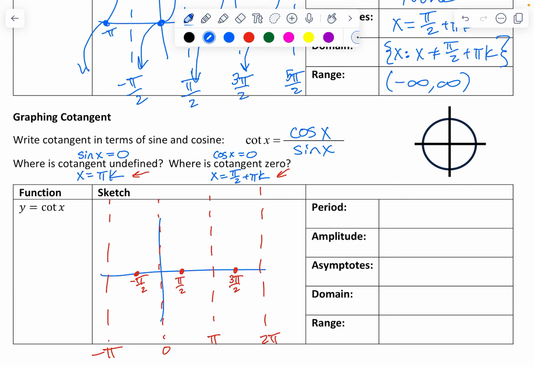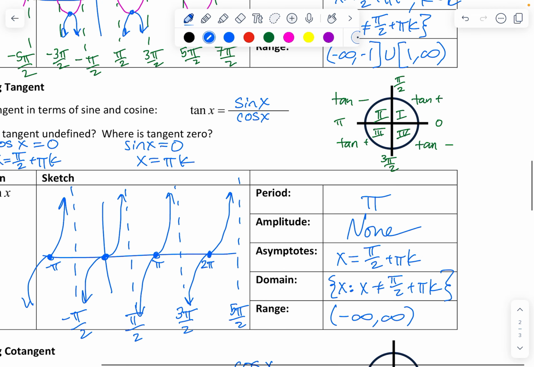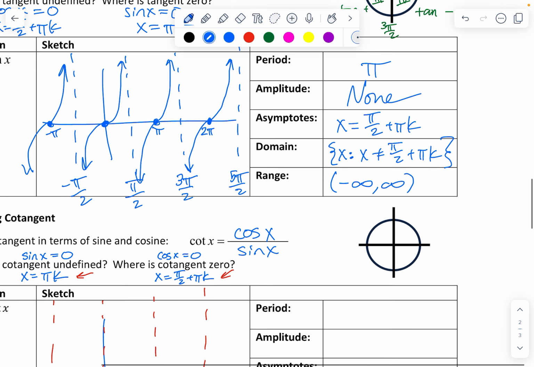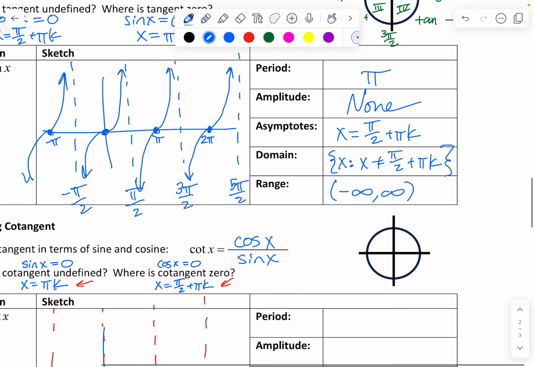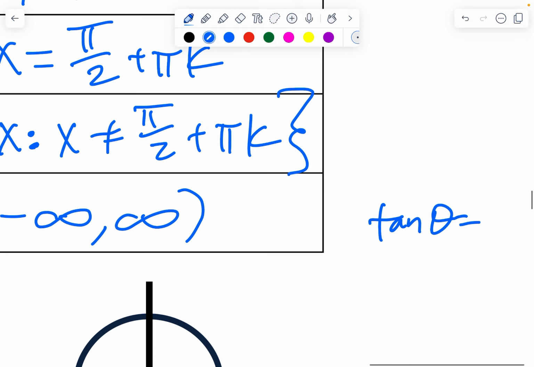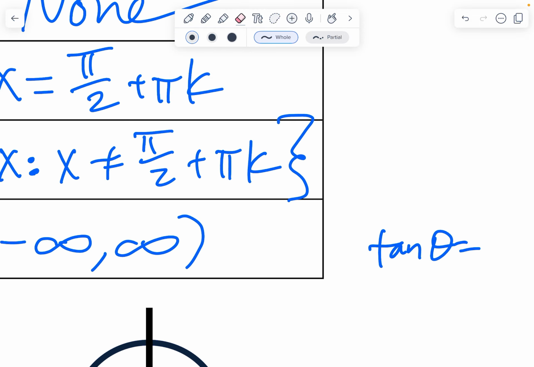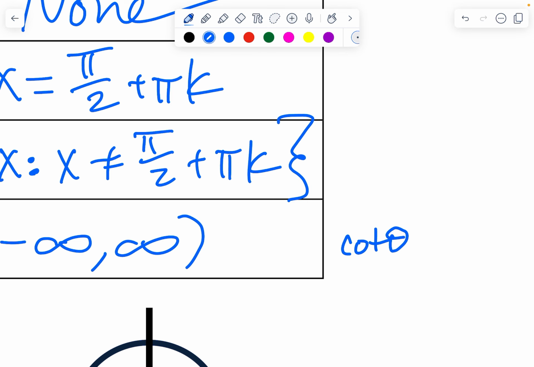So now when we think back to the unit circle, we had that tangent was positive, negative as we went through the quadrants. Well, cotangent is just the reciprocal of tangent. Let me say it this way. If cotangent of theta is equal to 1 over tangent of theta, if tangent's positive, well then 1 over something positive is still going to be positive.